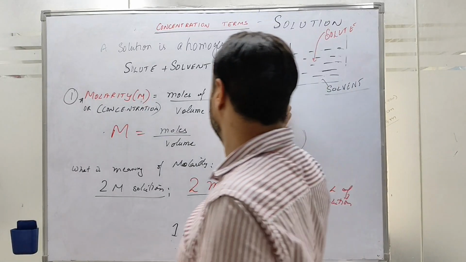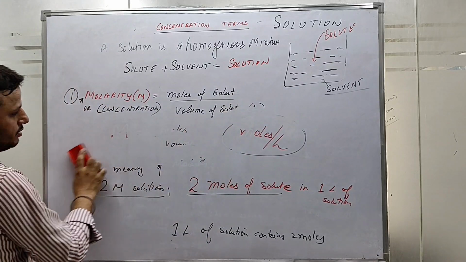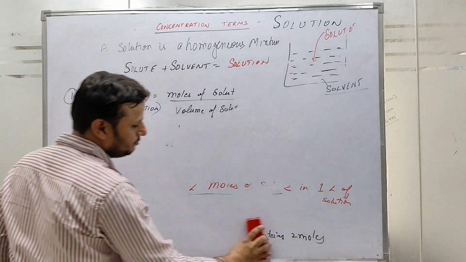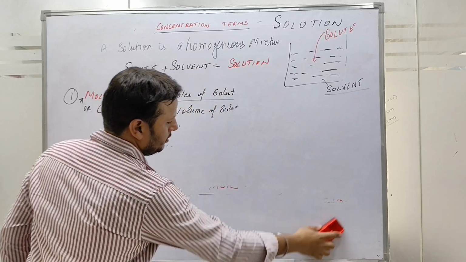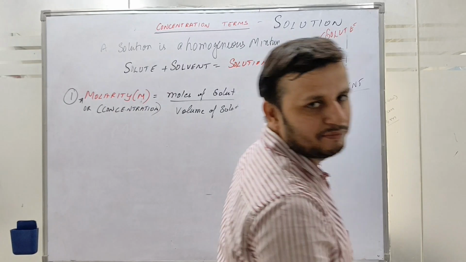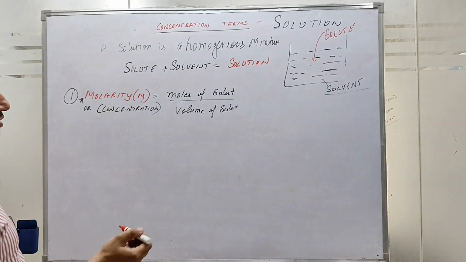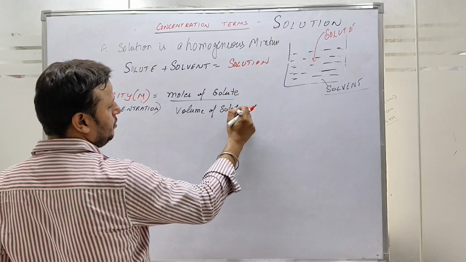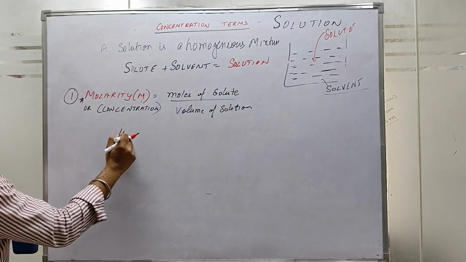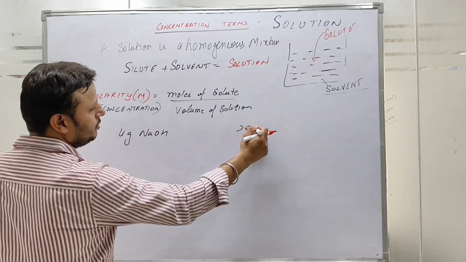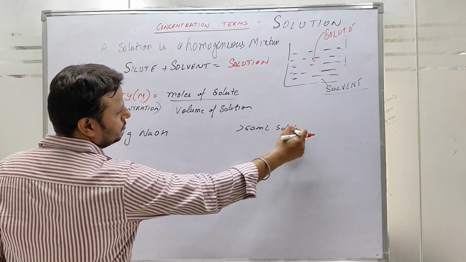Write one question. Calculate molarity of 4 gram NaOH in 250 ml solution.